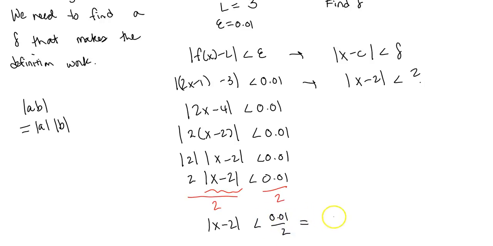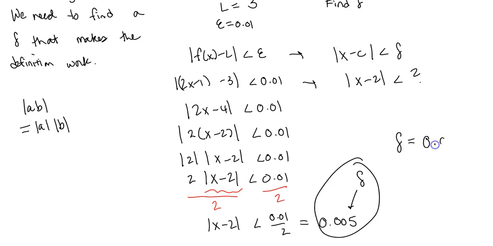You could write it like that, or you can simplify that. That's 0.005. Now this is the delta that I need because I have the absolute value of x minus 2 less than a number. So the answer to this problem is that delta is 0.005.